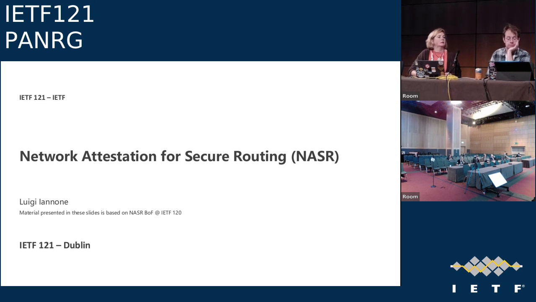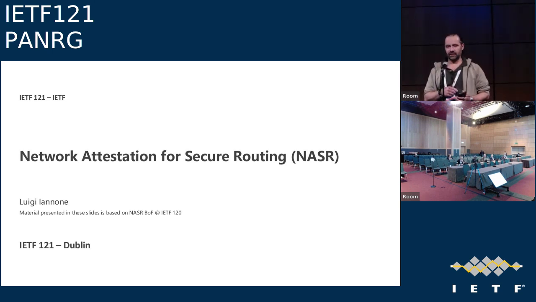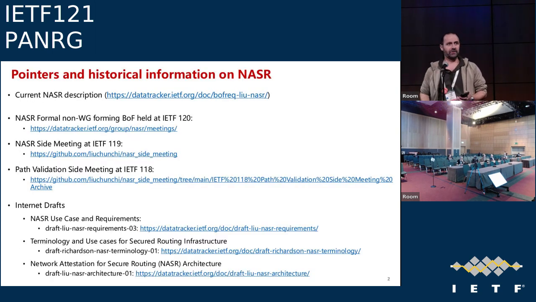So, I'm here to describe a little bit about the side meeting we had during 120, which is kind of ongoing in the sense that we are not meeting during this IETF. We plan to meet again in Bangkok. The name is Network Attestation for Secure Routing. As you will see, it is relevant for this research group.